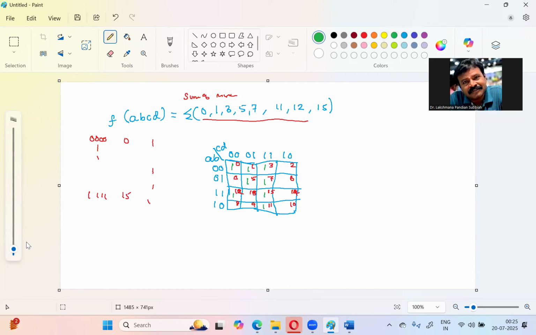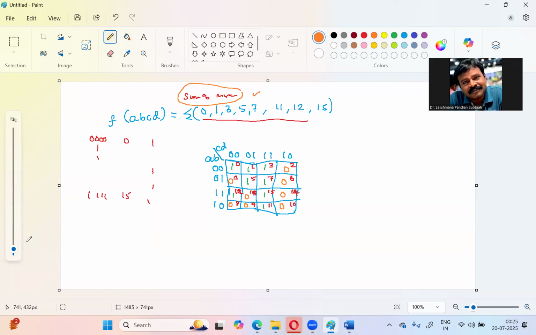The unfilled portions have zeros. So we are filling the Karnaugh map with the corresponding sum of min terms. For the sum of min terms, the corresponding numbers you fill with 1, and the others are 0.